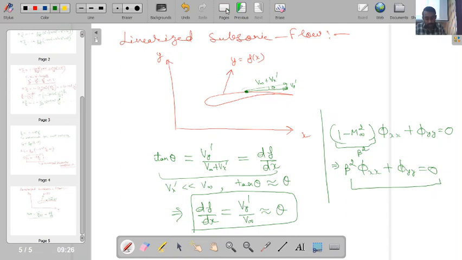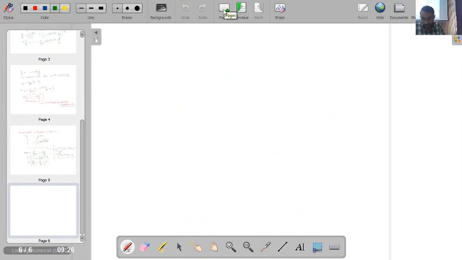Now what I will do, I will try to make this equation more simple. So I will try to obtain the Laplace form of this equation. Okay, so let's consider that I am now transferring my physical domain from the xy coordinate system to the zeta eta coordinate system.